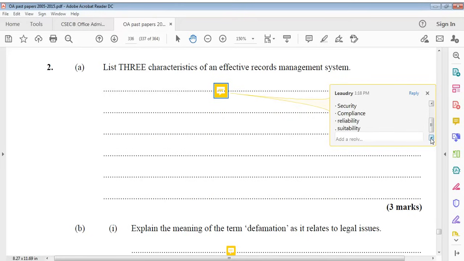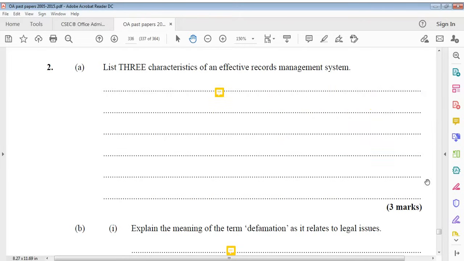You just need to select 3 of those characteristics and you will get your 3 marks. So you list them 1, 2, 3. You have 7 to select 3 from.